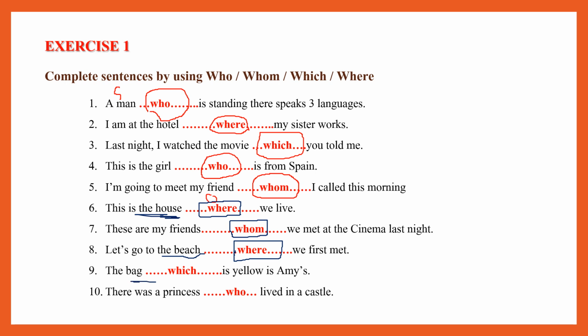The bag is a thing, so we use which. Number 10. There was a princess who lived in a castle. A princess is a person and the subject, so we use who.